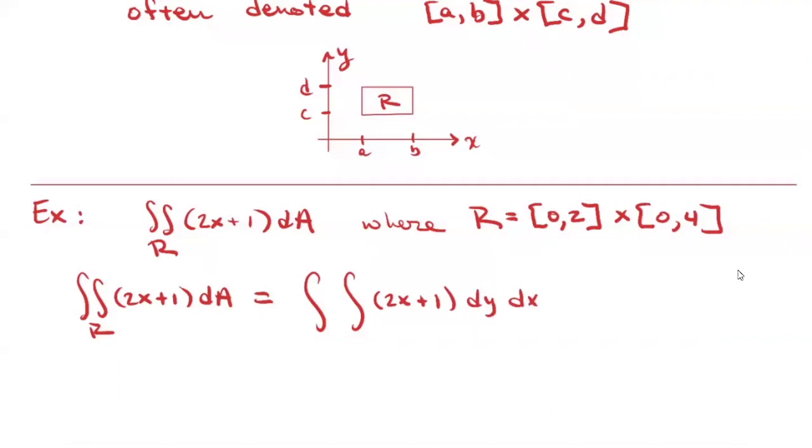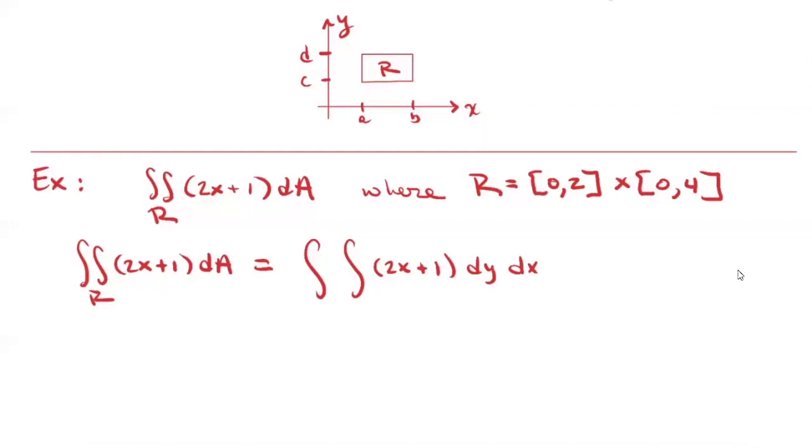Sometimes one order of integration will be harder than another. And by order, I mean you're doing y first here and then x because y is nested on the inside of this. So you can say dy dx, and if that's too hard, you can change it to dx dy. Sometimes one's easier than another.